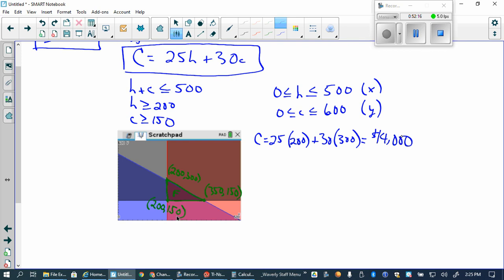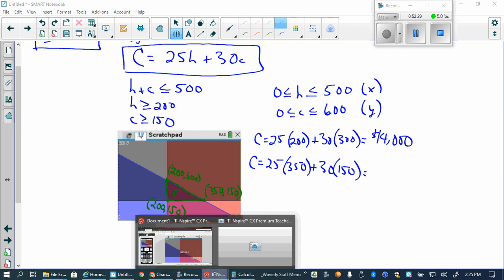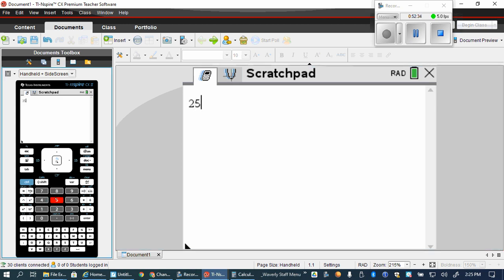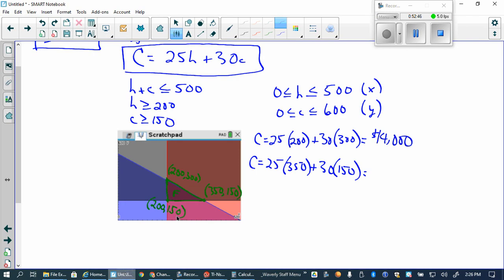Let's try the other one, 350, so C is 25 times 350 plus 30 times 150. Just do it this way. 25 times 350 plus 30 times 150. Tell me, I'm tired of missing buttons up here. 13,250?